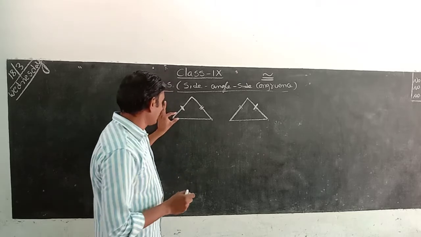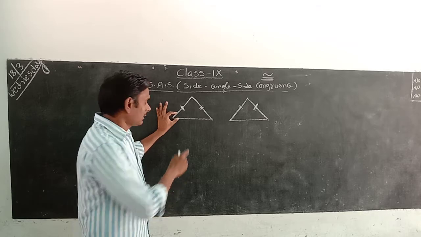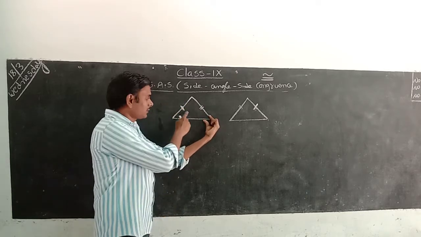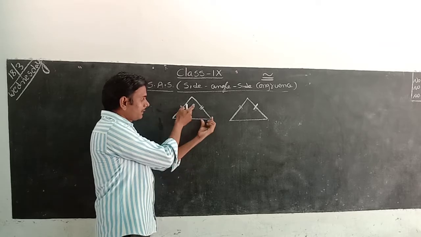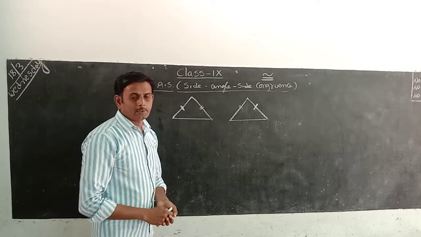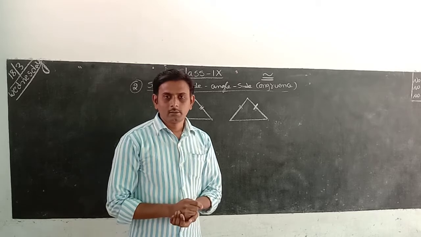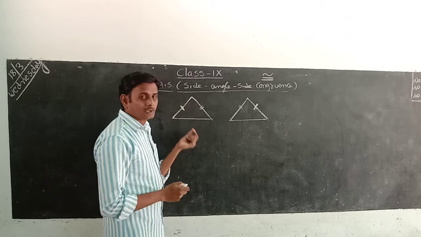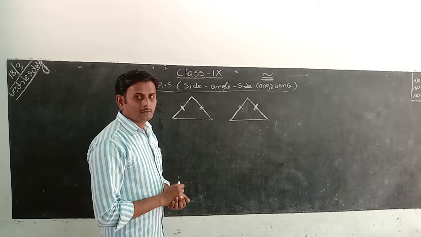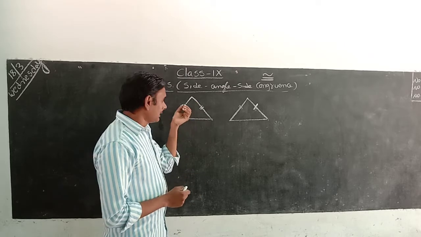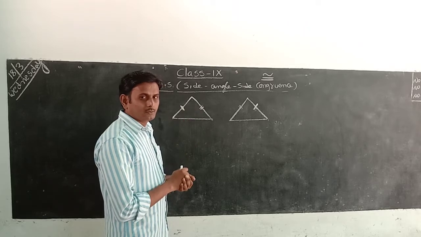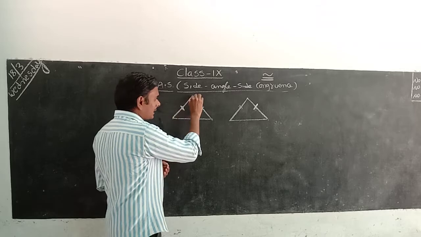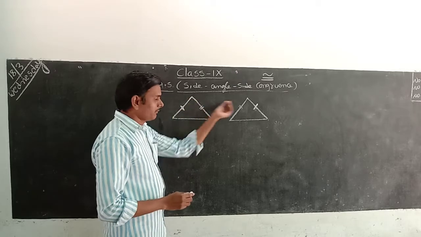If you take this angle, it is formed by these two sides. Included angle means the angle formed by the line segments we are choosing. Here I am choosing these two sides to compare with another triangle.